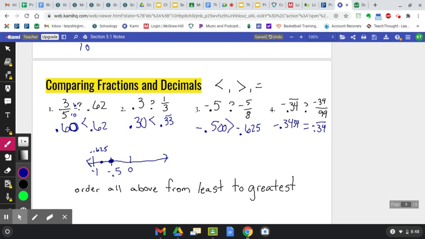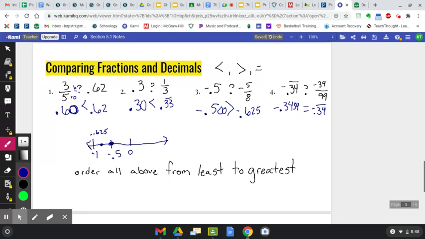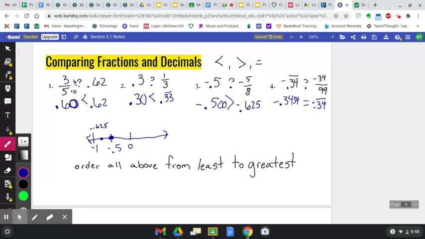Now it says to list these from least to greatest. So I want to start with my smallest value. If I look up there, my smallest value would be the negative 0.625. Okay, so that is the smallest.